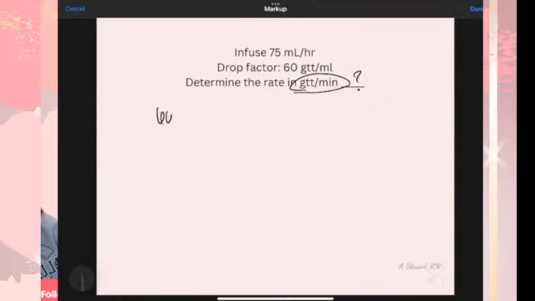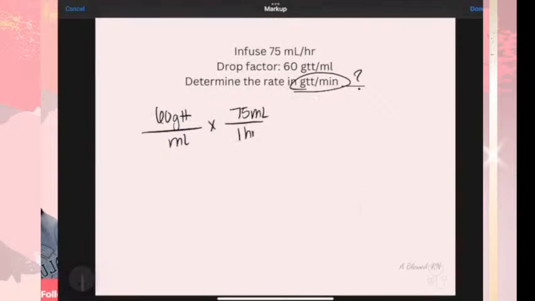So we'll start with our drop factor, which is 60 drops per milliliter. 75 milliliters per 1 hour. 1 hour over 60 minutes. Milliliter gone. Hour gone. We're left with drops per minute.